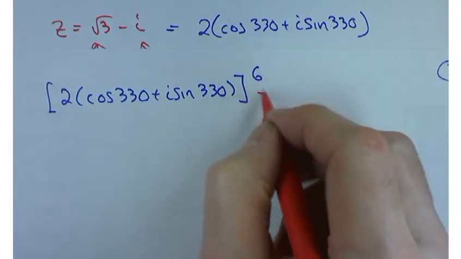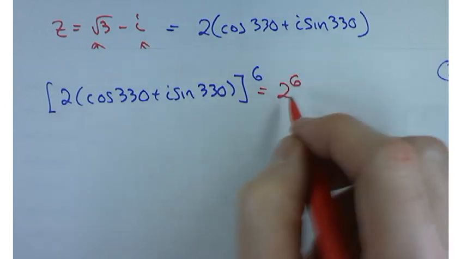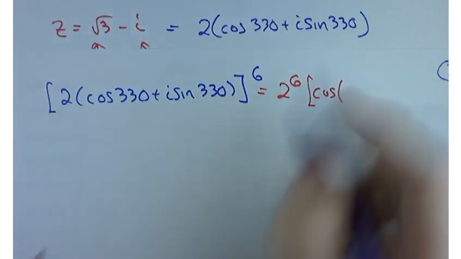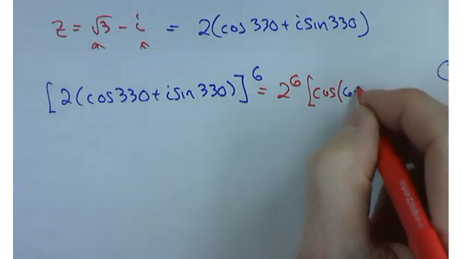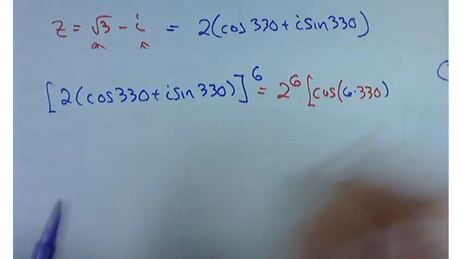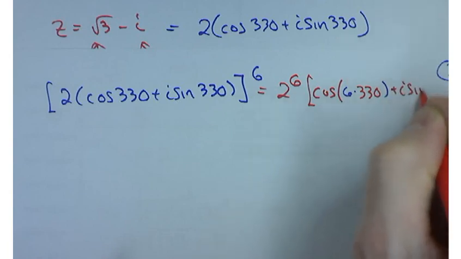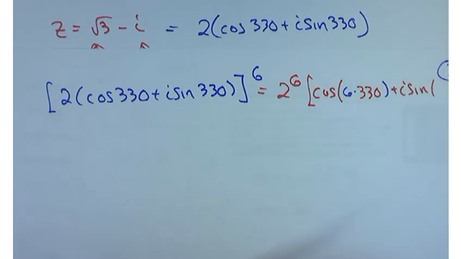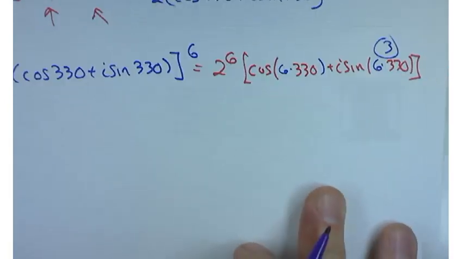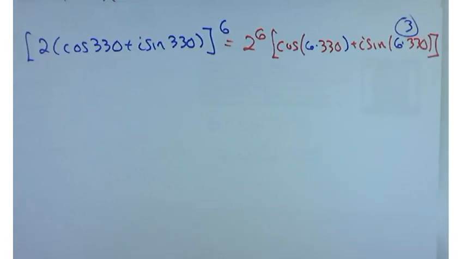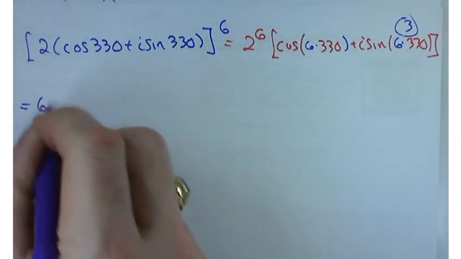What that gives me is 2 to the 6th power times cosine of 6 times 330, plus i times the sine of that same angle, 6 times 330. Let's clean this up. 2 to the 6th power is 64.